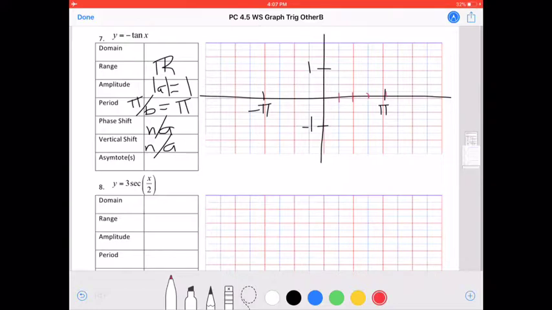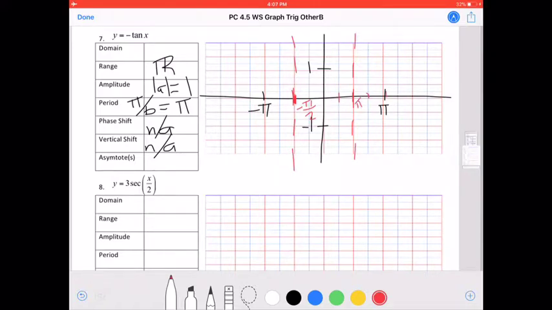Our period is pi, so our cycle would actually start at -pi over 2. So we can draw that vertical asymptote, and then we'll go a period to the right of that to draw the end of our cycle, which would be at +pi over 2.